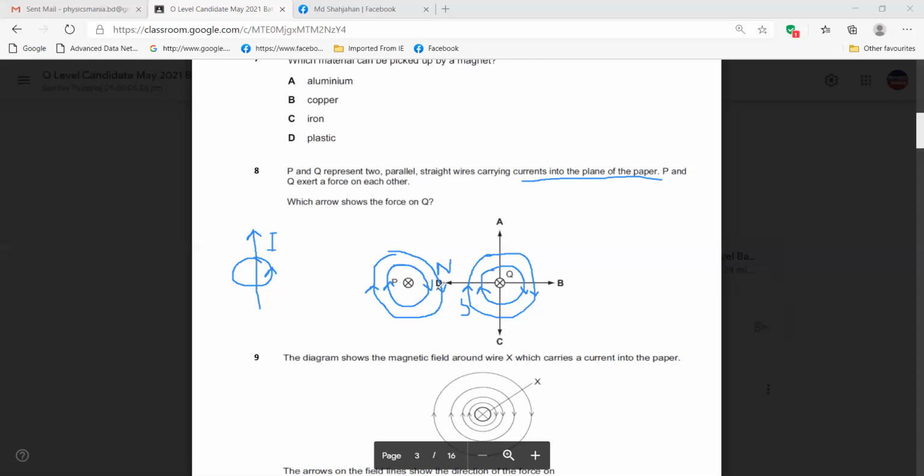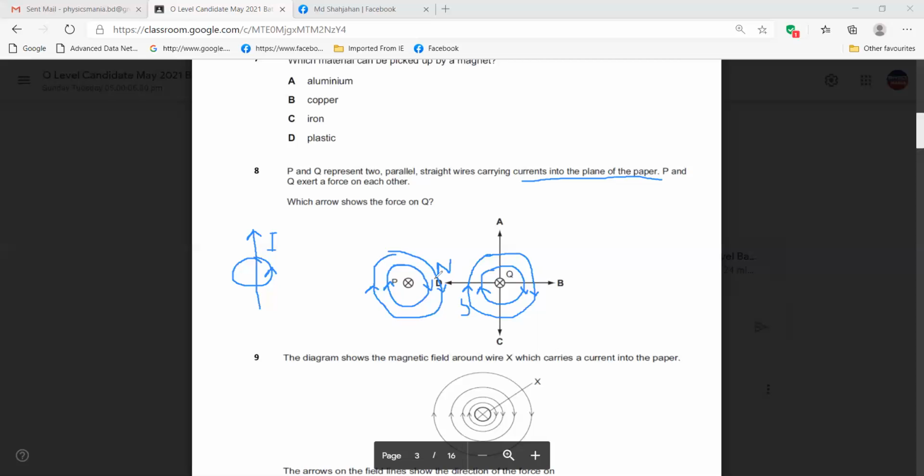That's why they are creating different poles, opposite poles. And as they are creating opposite poles, they will attract each other. So they will create a force towards D, right? That means one wire will attract another wire. So you got it?